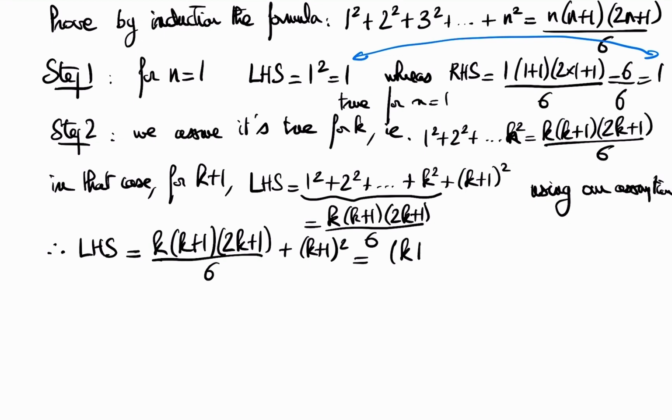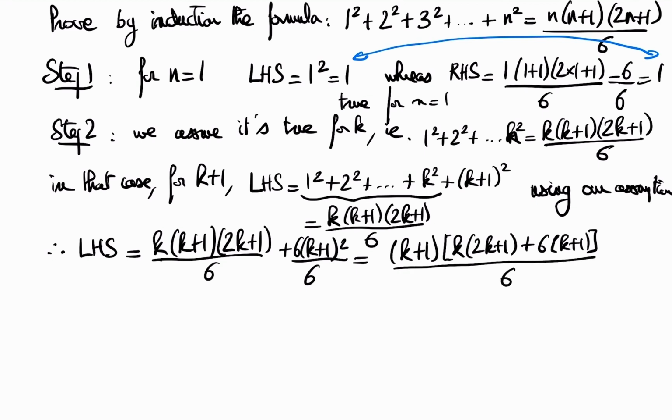So it's k plus 1, and then we put everything over 6: k plus 1 times k times 2k plus 1 plus 6 times k plus 1 over 6.